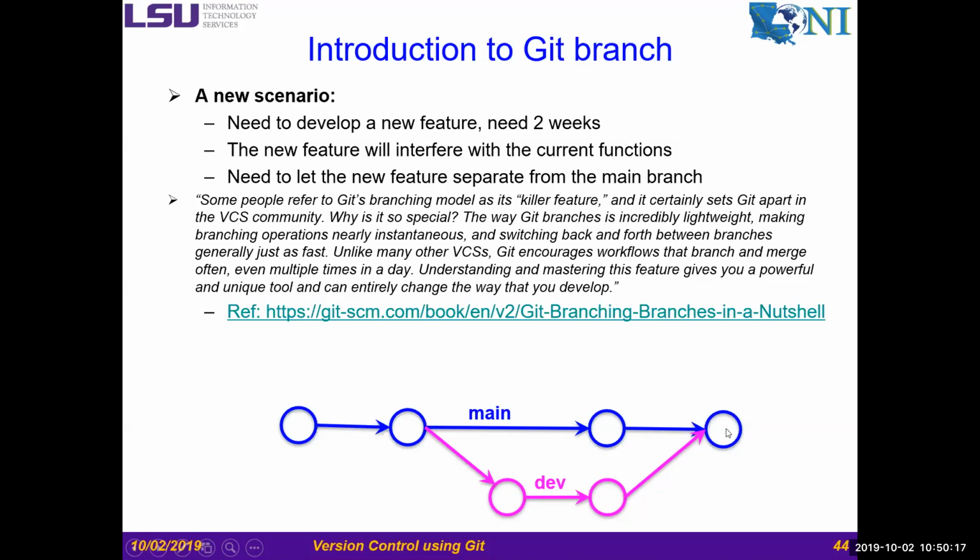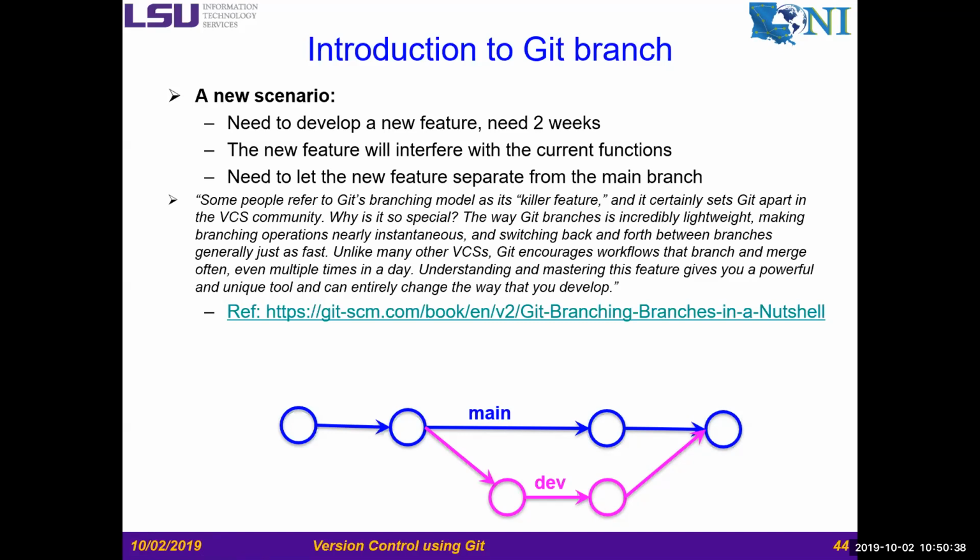After this new function is mature and well tested, I want to merge it to the main branch. That's our typical workflow for developing new functions, right? I want to show you the way to do it.